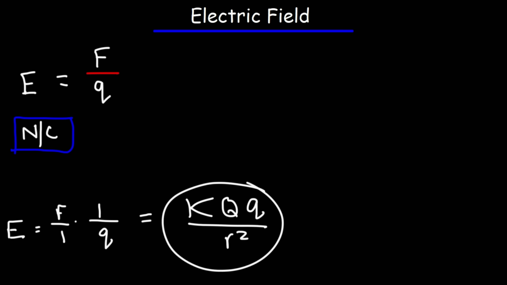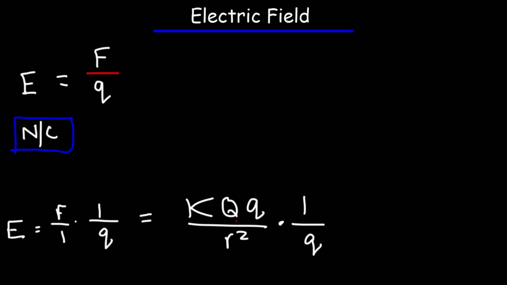So this whole thing is F, and then we're going to multiply it by 1 over Q. And so we could cancel out little q, the test charge. Thus, we get the equation that gives us the magnitude of the electric field for a point charge, capital Q. So it's KQ over r squared.